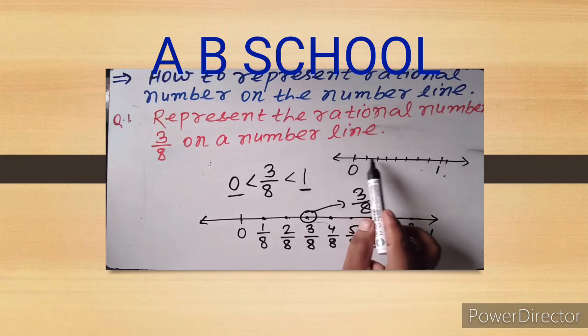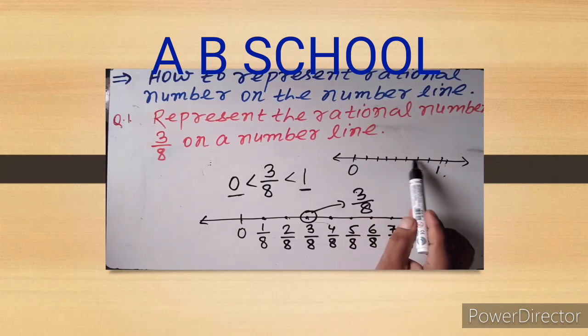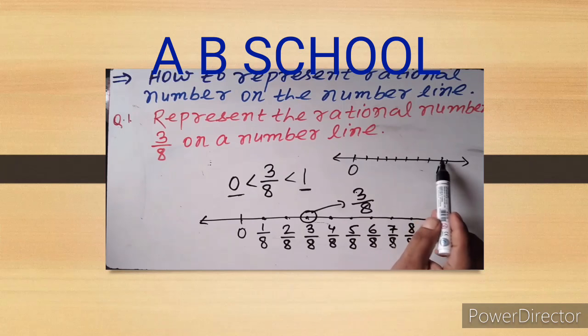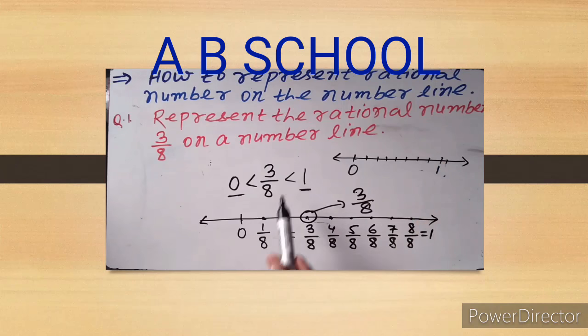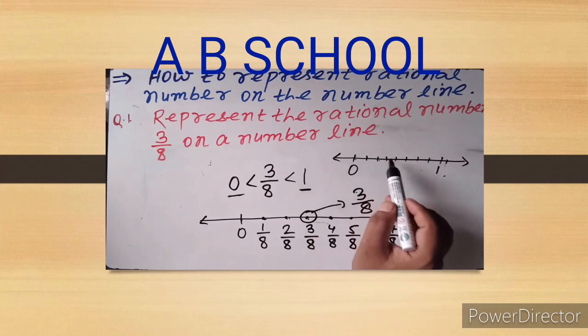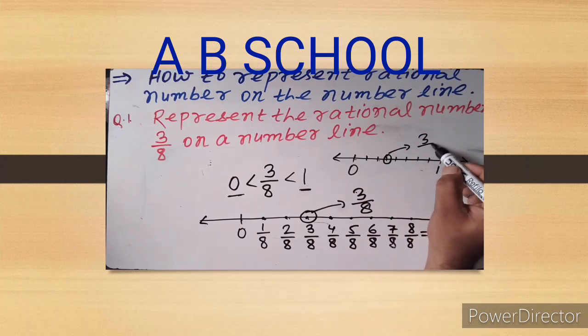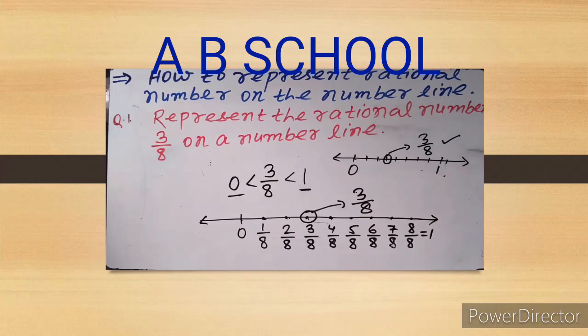You can see this is 1 part, 2 parts, 3 parts, 4, 5, 6, 7, and this is 8. Now you have to represent 3 by 8. So you will count 1, 2, 3. This is your 3 by 8. So like this also you can take.